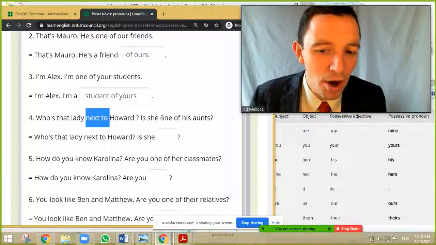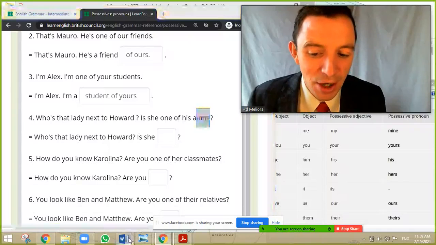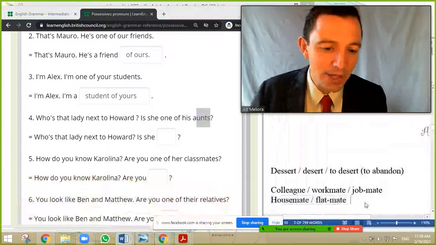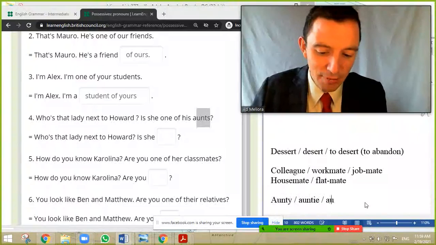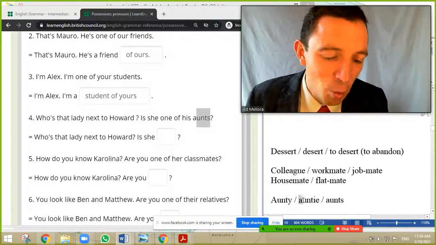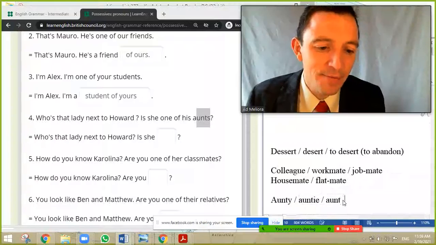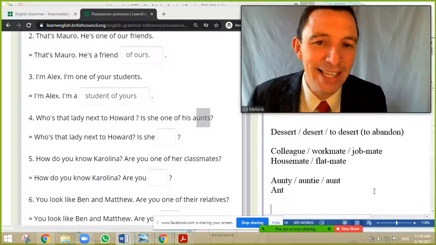One of his aunts, and aunt is tía in Spanish. You need to be careful, technically I think it's auntie. You have a few possibilities and they are all correct. You can say auntie, ie, or aunt. But be careful, we have a different word which is completely different.